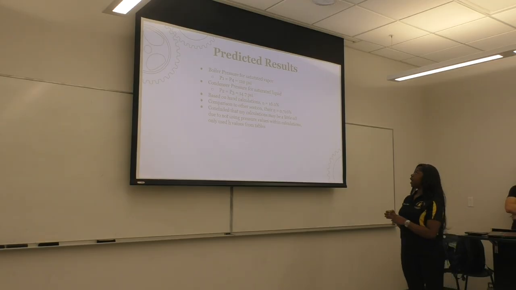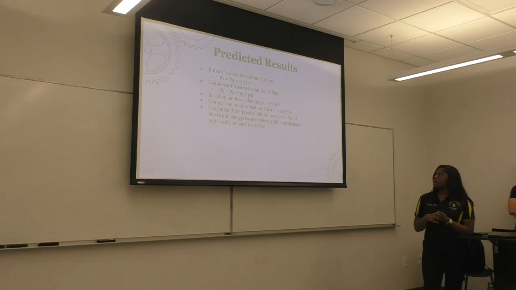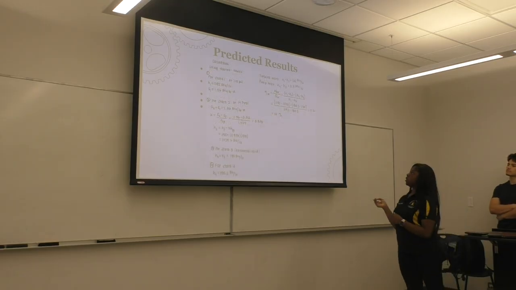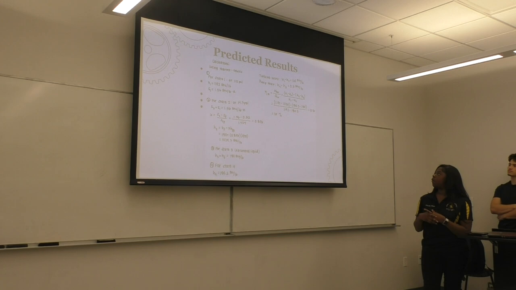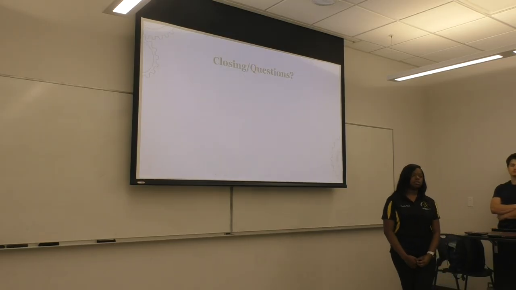I also talked to another lab and they got an efficiency of about 0.71. My calculations may be a little off because I used different values from them, but these are my specific hand calculations. Hopefully we are able to get more specific calculations after the experiment is done. Any questions? Thank you.